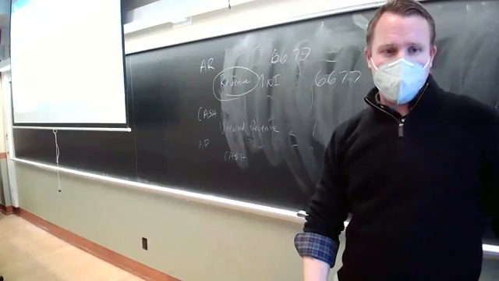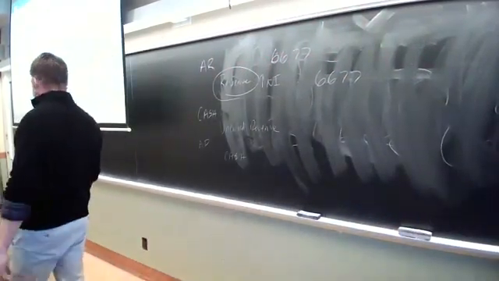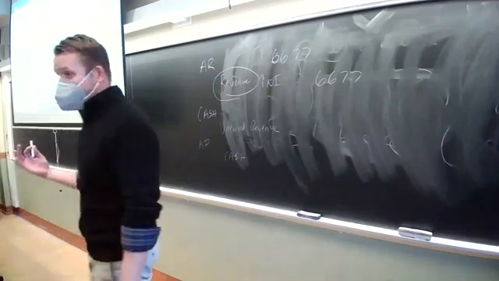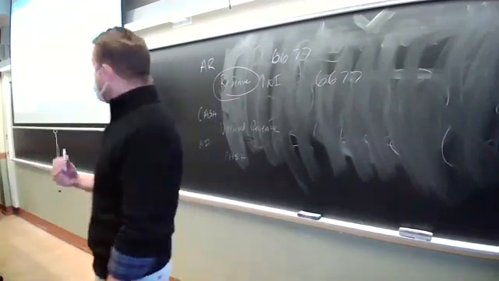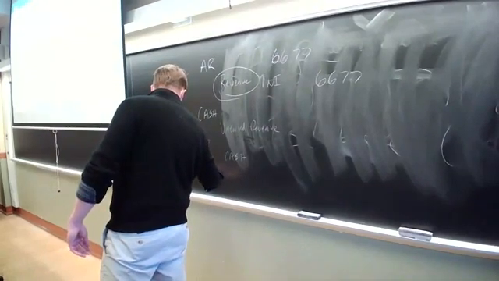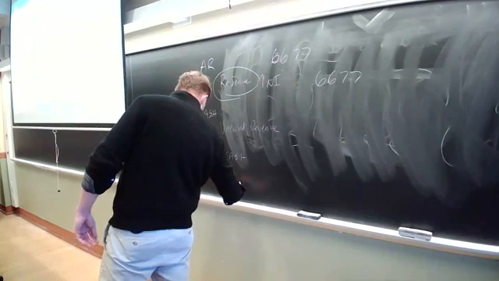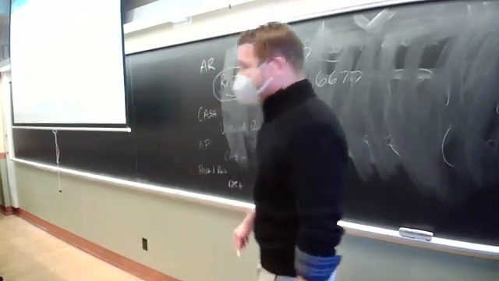And then finally, an increase in prepaid expenses. So what happens when we have this journal entry? So we would have prepaid rent and cash.